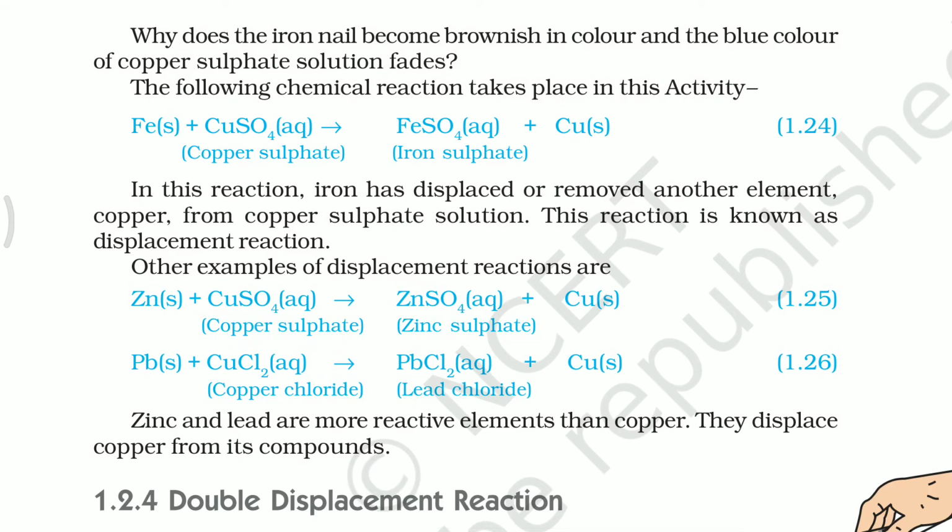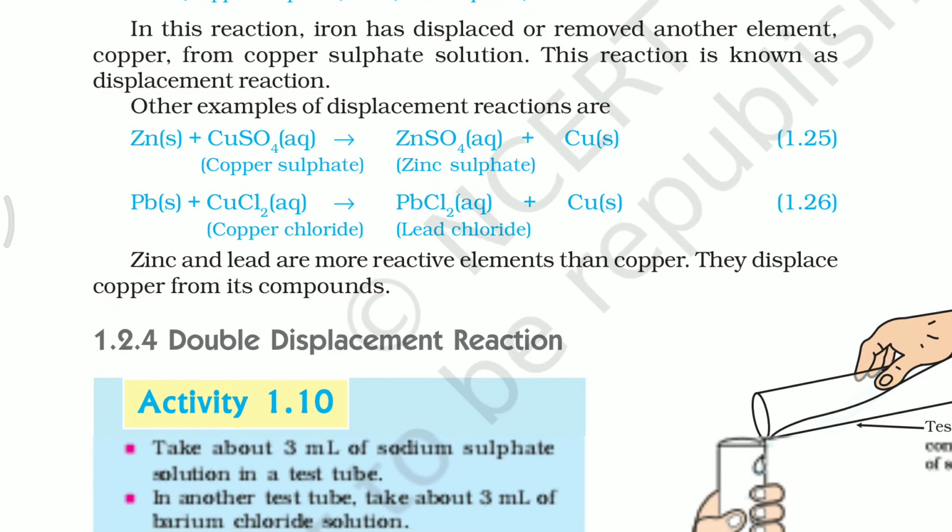One more example: when zinc reacts with copper sulfate, zinc sulfate and copper are formed. Zinc is more reactive than copper, so it simply displaces copper from copper sulfate. Like this, lead reacts with copper chloride. Lead chloride is formed along with copper, so copper separates out. Okay, so these are all displacement reactions.